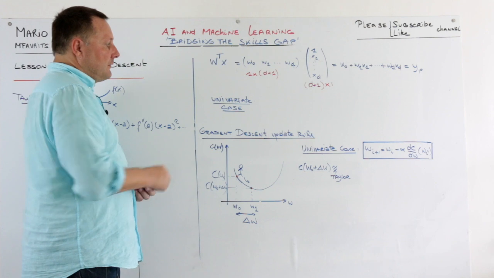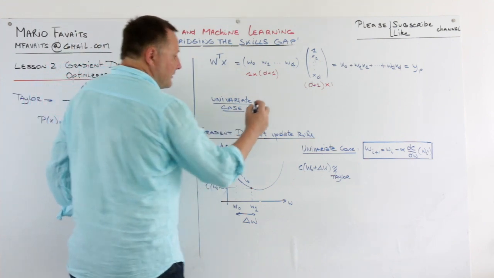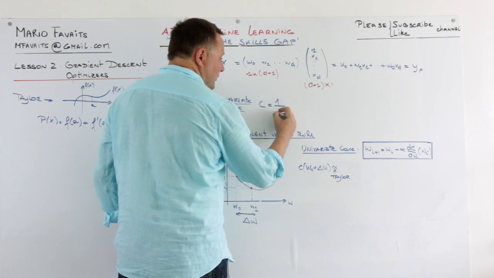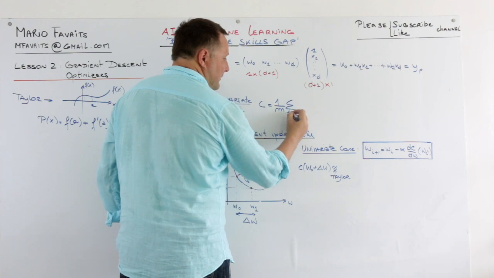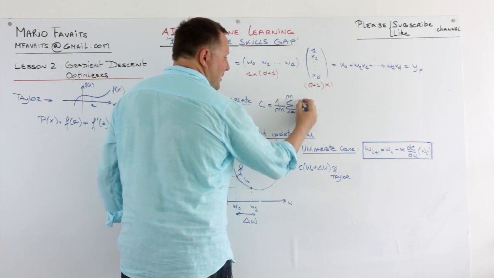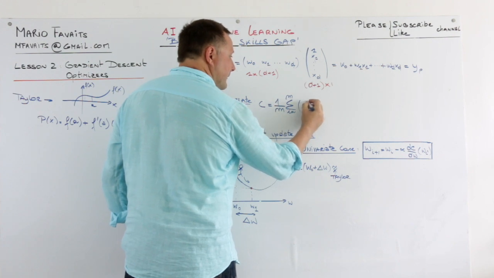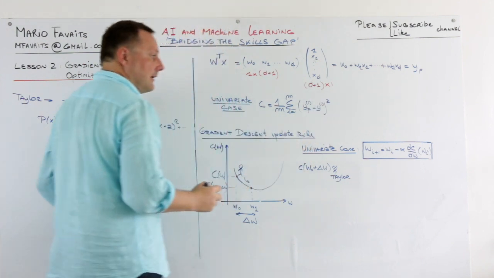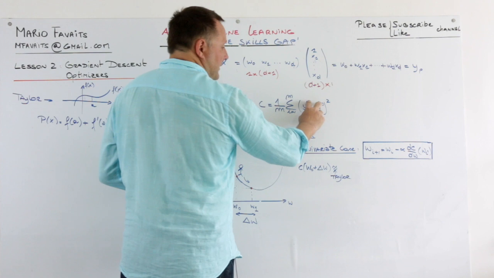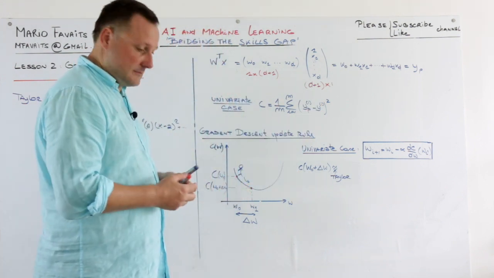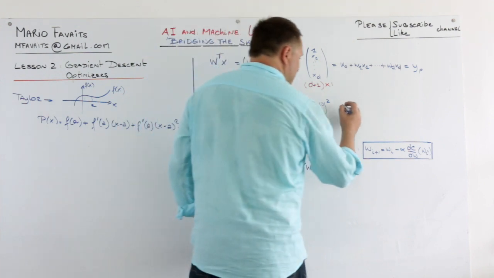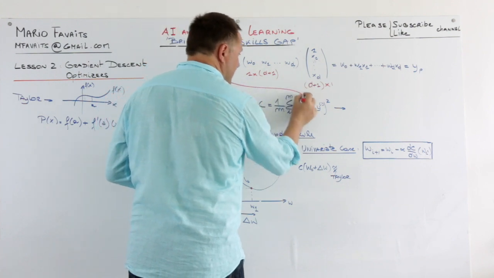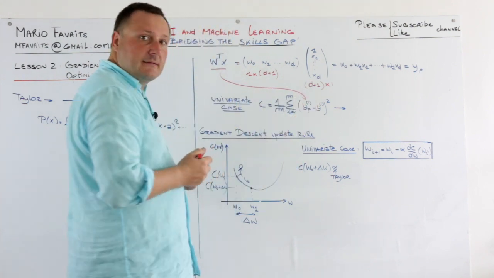Now remember, in the univariate case, the cost function C was equal to 1 over m, and then we take the sum from i is 1 to m of y predict i minus y i, and then we square, and the i gives you the sample number. Now in the multivariate case, we're just gonna put this term in here because this is the new y predict.